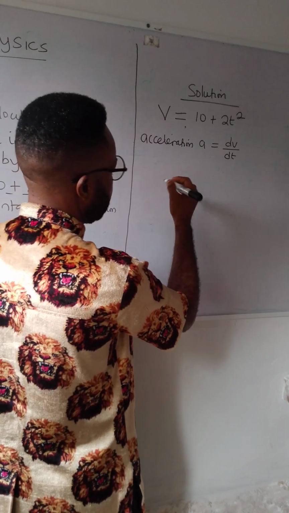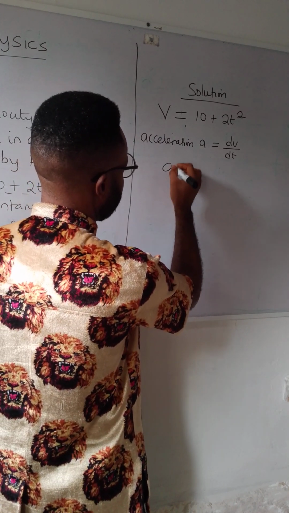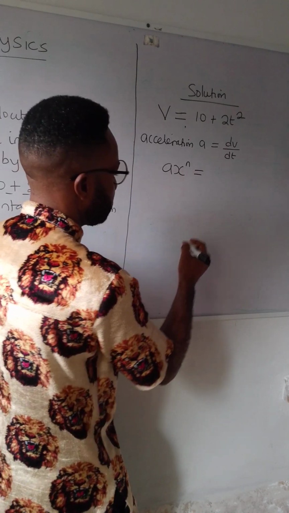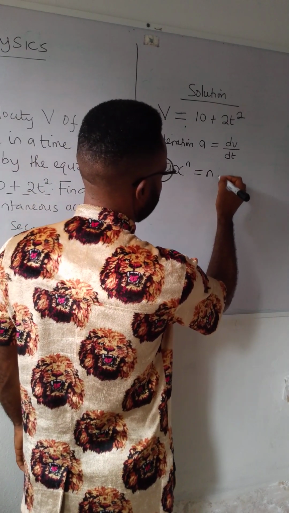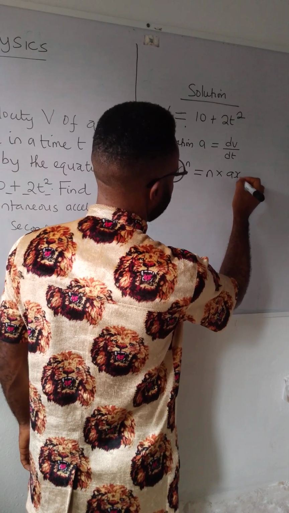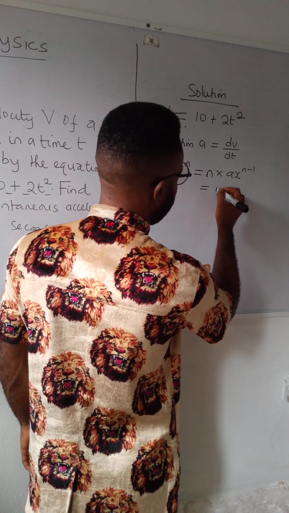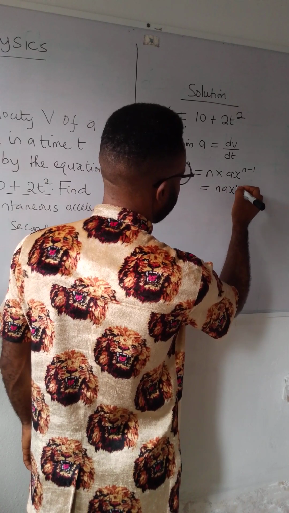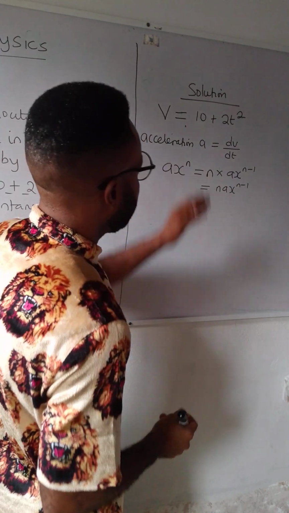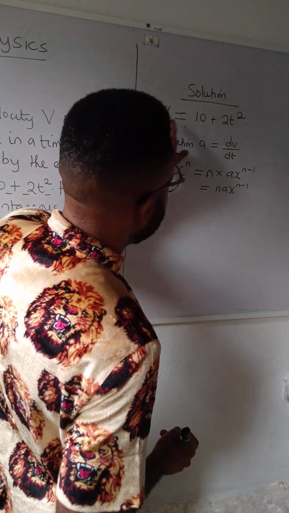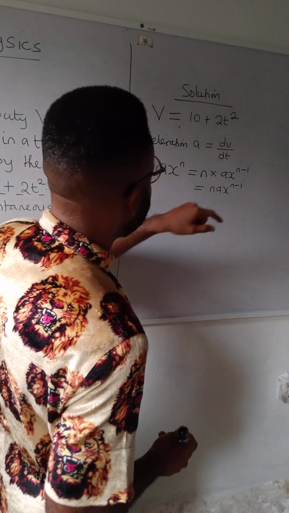However, we know that the general rule for differentiation is ax raised to power n, and this can be expressed as n times ax raised to power n minus 1. So we are going to apply that in differentiating this velocity with respect to time in this equation.